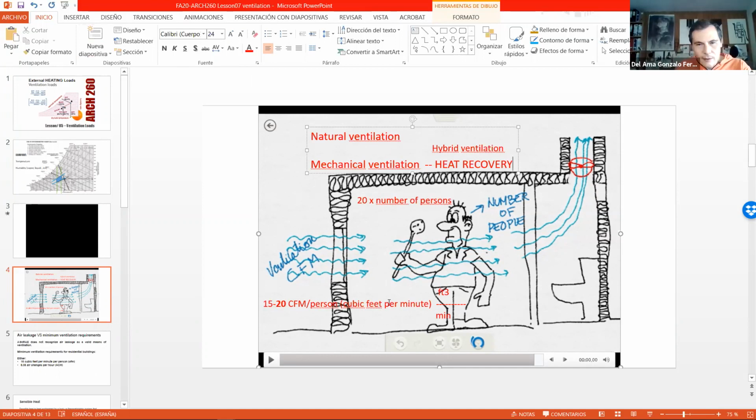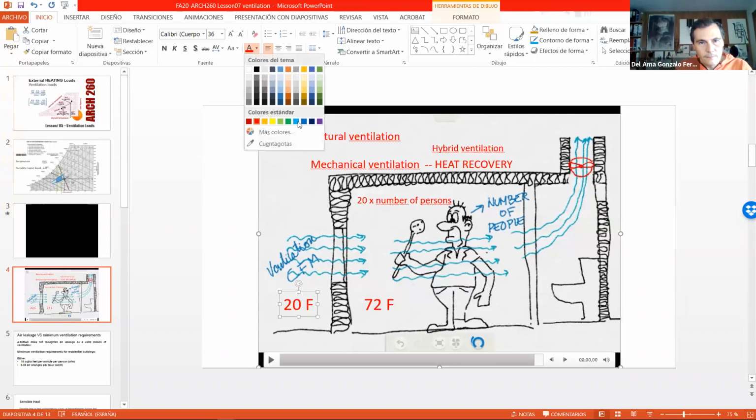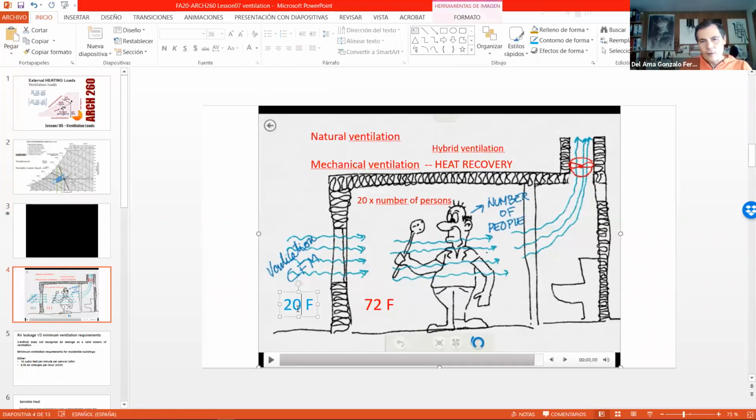Well, because of the air conditions. If it's winter, we can have 72 inside, 20 outside. So this air entering this room is at 20 Fahrenheit.